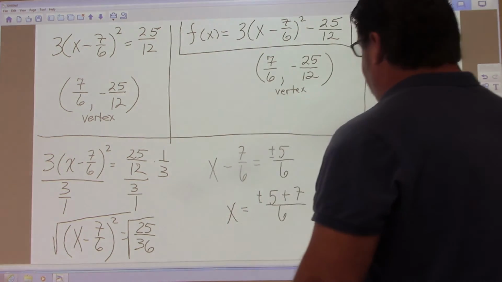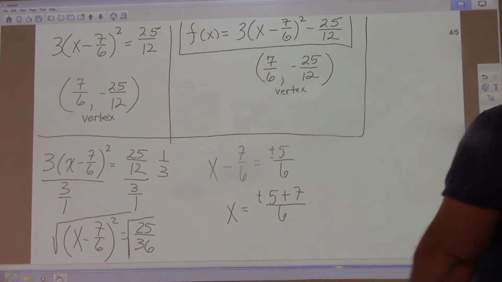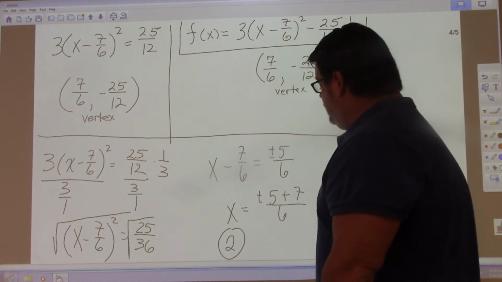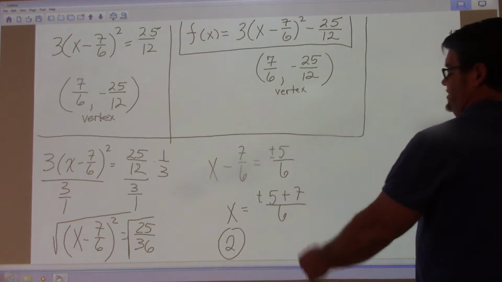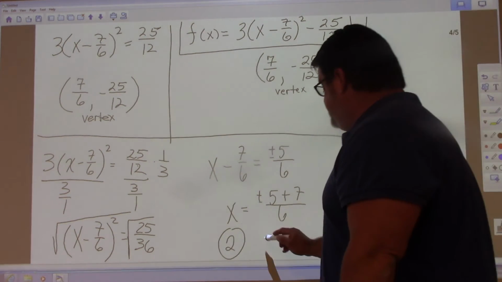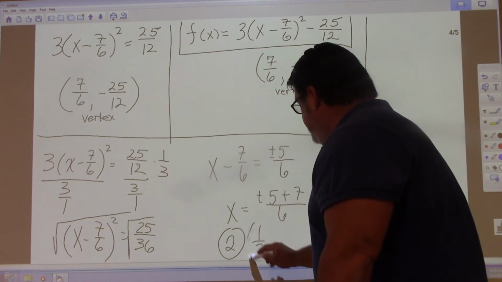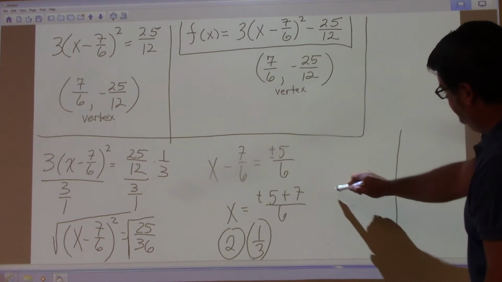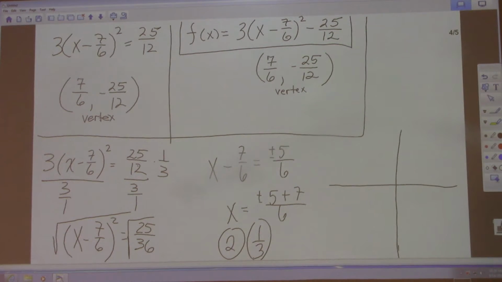What's 5 plus 7? 12 over 6? What's negative 5 plus 7? 2 over 6? There's your 2 x-intercepts. What's the y-intercept? 0, 2.